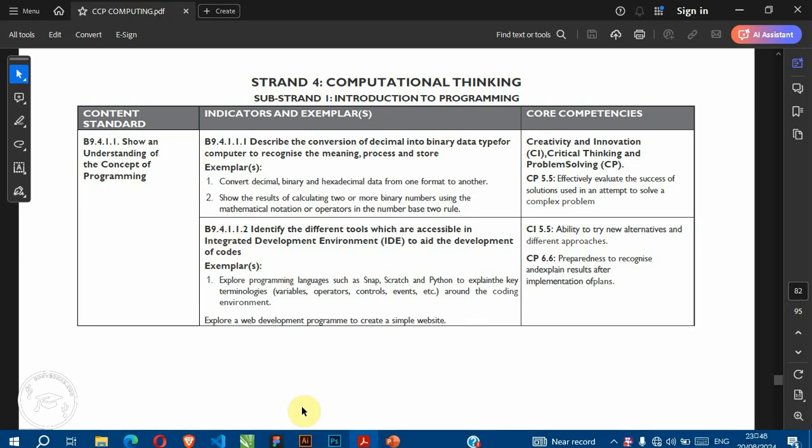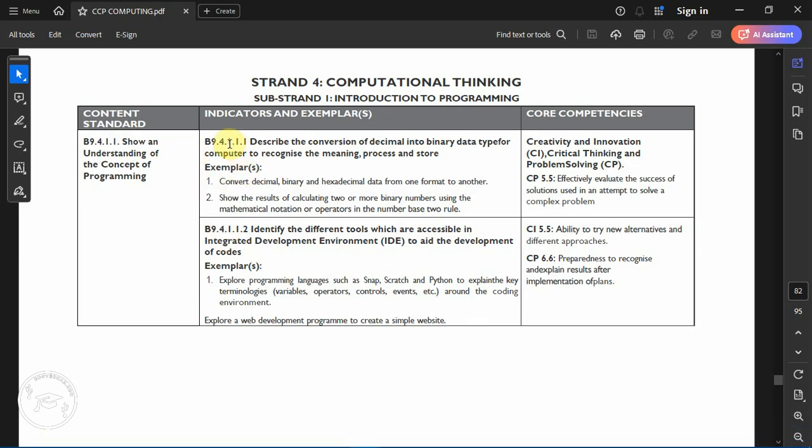So in Basic 9, we are going to take a look at the first indicator, which says we should describe the conversion of decimal into binary data type for the computer to recognize the meaning, process, and store. Under that, we are going to convert decimal, binary, and hexadecimal data from one format to another.